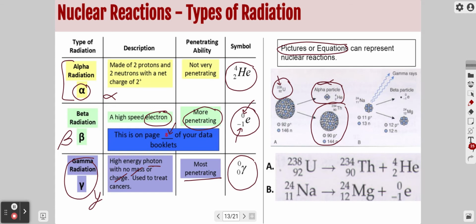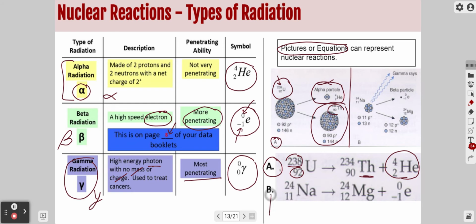So it releases a helium atom and turns into a whole other element. And we can represent that same reaction by this equation here. Uranium-238 over 92, so we have our atomic number and our mass number. Uranium turns into thorium, I've got to double check that one. And then a helium or an alpha particle is being released.